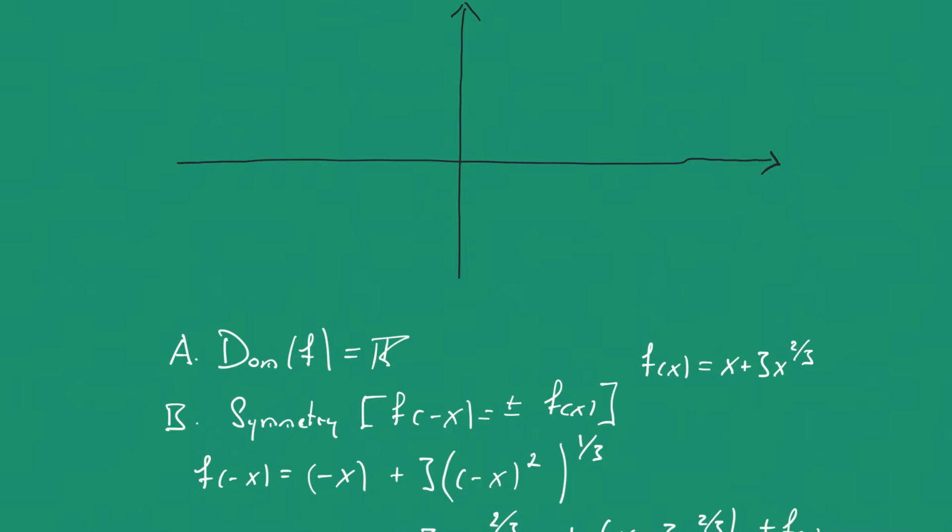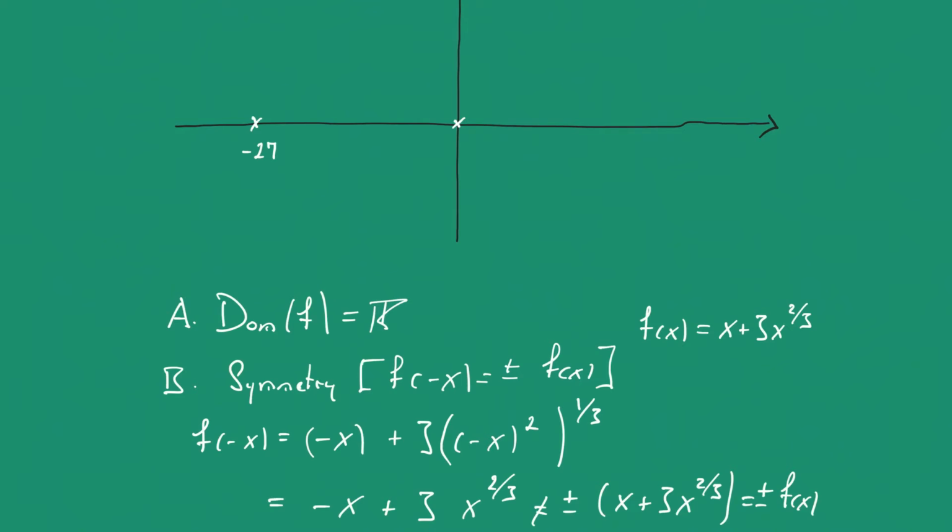So at 0, the origin, we're going to cross the x and the y-axis, and at minus 27, let's put that right here, say we're also going to have an x-intercept.